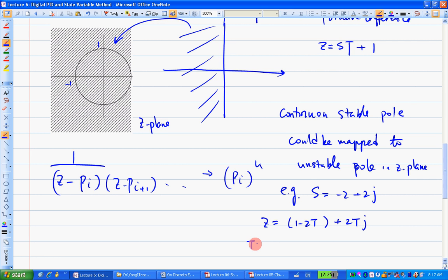Suppose your T is 1.5 seconds. You plug in 1.5 here, and you'll see that Z is outside the unit circle.